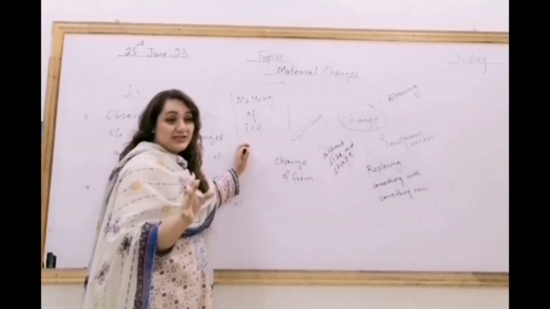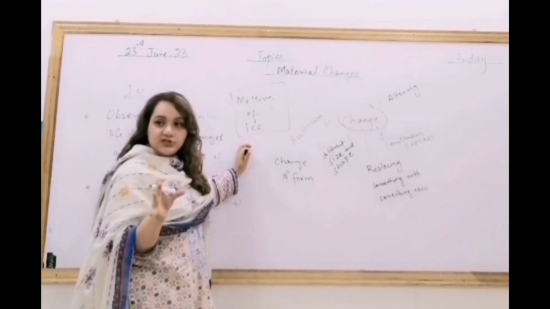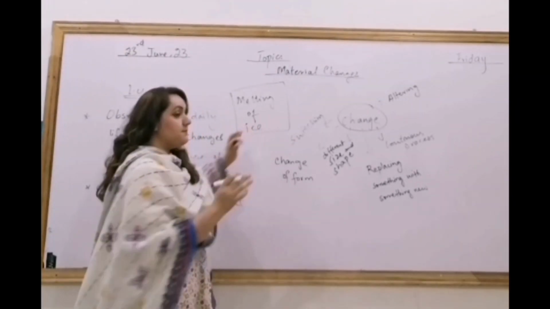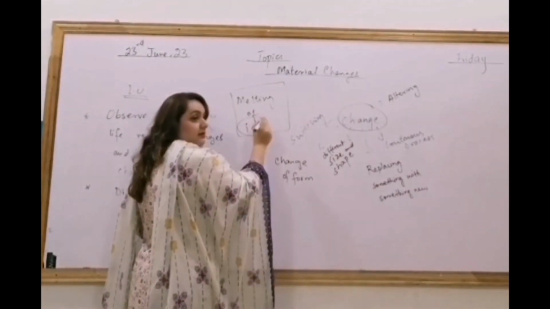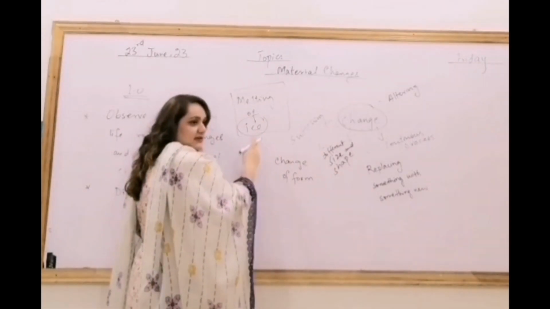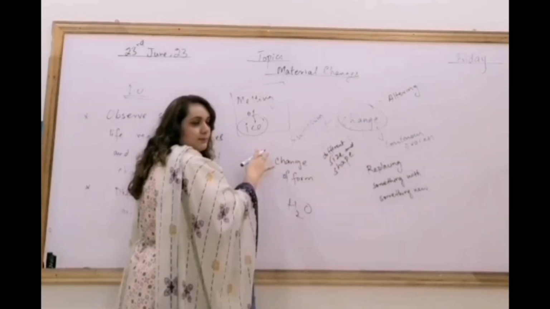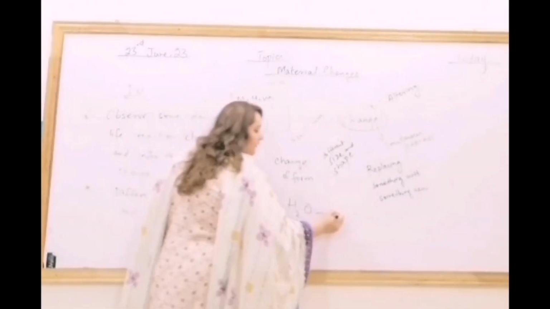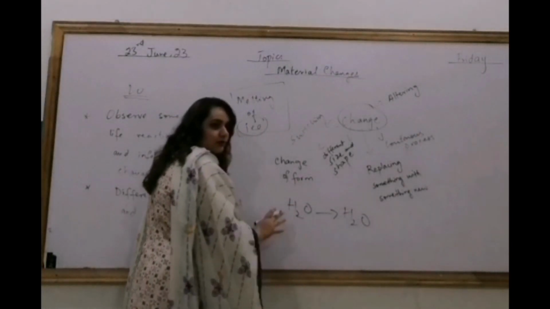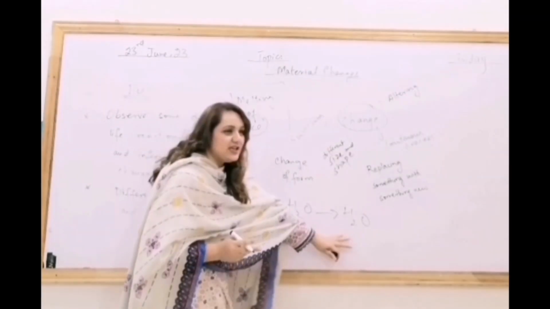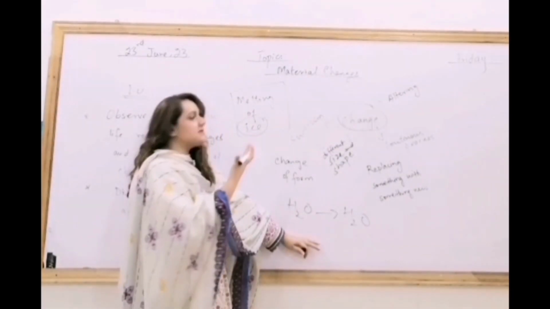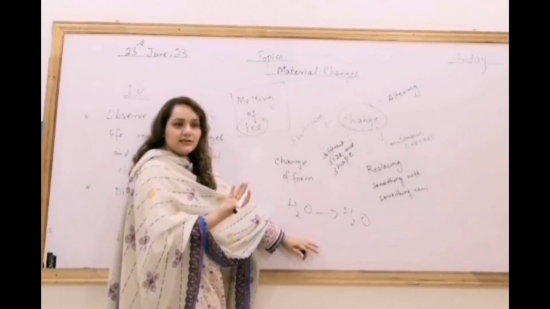Physical changes are mostly reversible. And the most important thing is the main substance. Here in case of ice, actually it is water, which is H2O. Before melting it was water, and after melting it is also water. Is there any change in the composition of this substance? No. It is still the same.